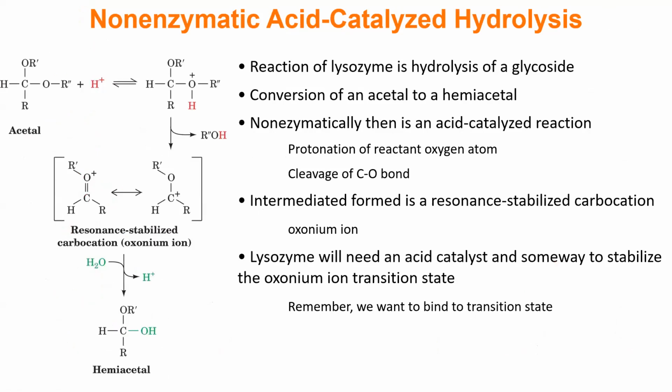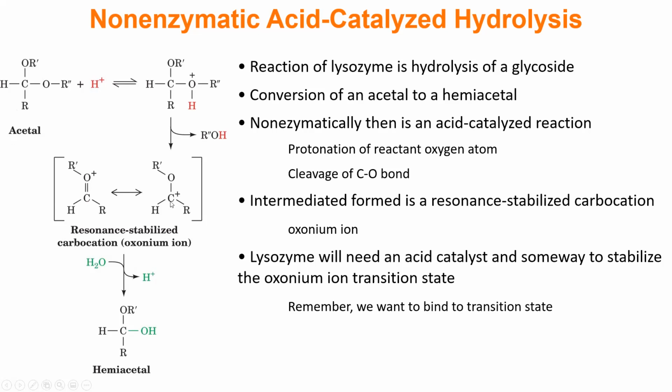So first, we're going to look at the mechanism that lysozyme uses, but we're going to look at it non-enzymatically. The reaction that is happening is that we're taking an acetal and making it a hemiacetal. And the intermediate for this is a carbocation.